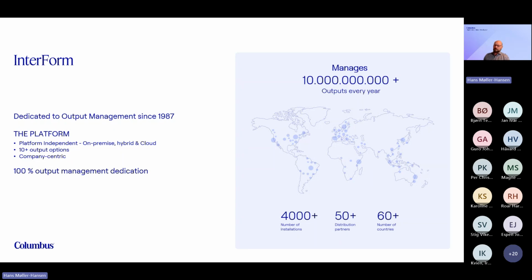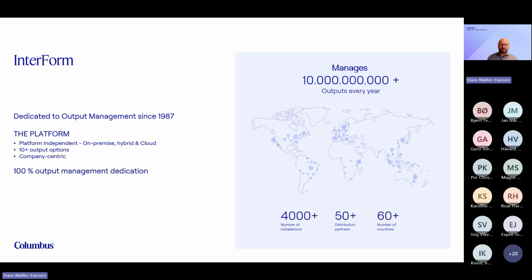They are all over the world. They work through partners. Columbus is one of their partners, but their main focus is output management. It's all they do. They only have one product. It's called Interform, and they just think output management every single day. And how can you do that? I mean, it might not be the most exciting thing to do output management, but again, the regulations, the new things.